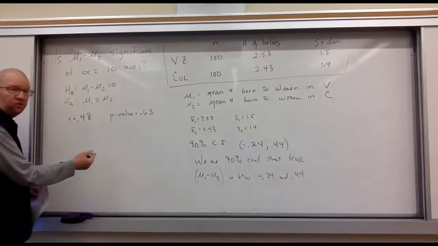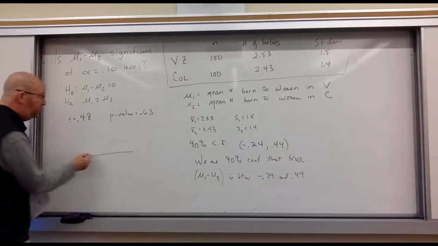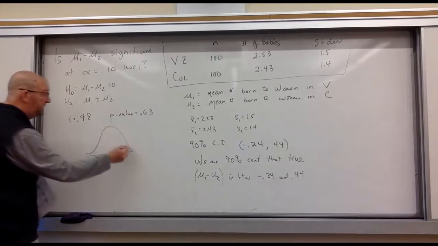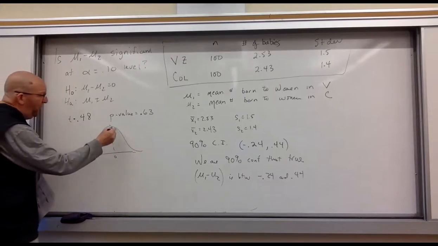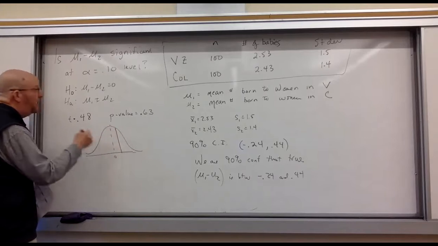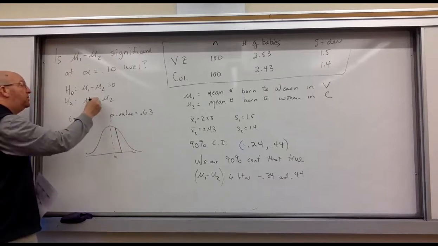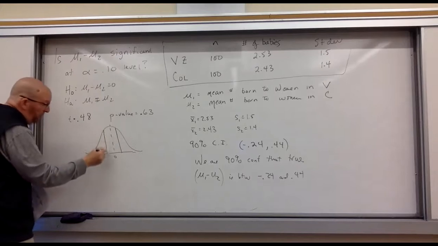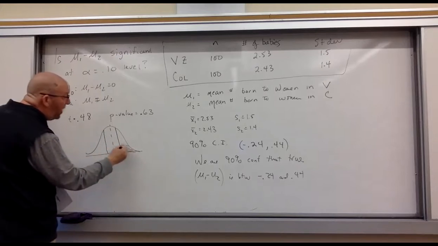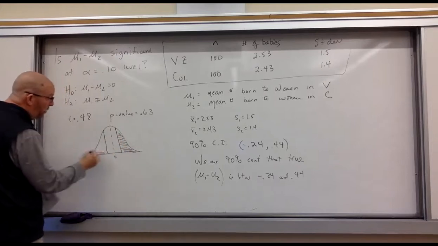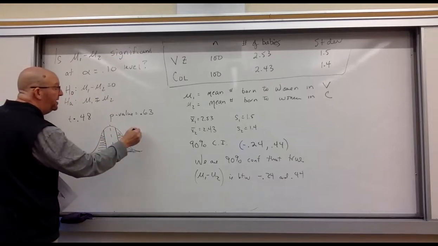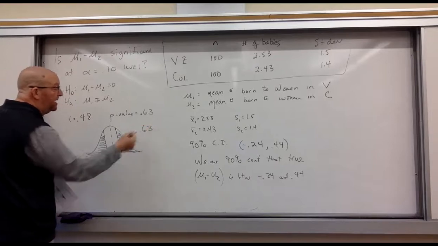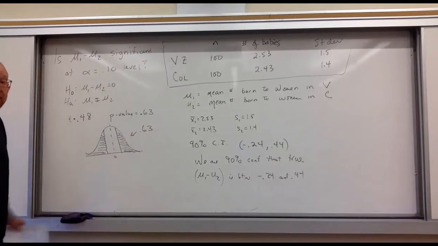Well, let's draw our graph and then we'll confirm it with the calculator. Here's our t curve. I know that 0 runs down the middle. 0.48 is about right here, isn't it? But because it's a not equal to, we also go to negative 0.48 and we do both ends. When we shade both of those together, we have 0.63 for our p-value.